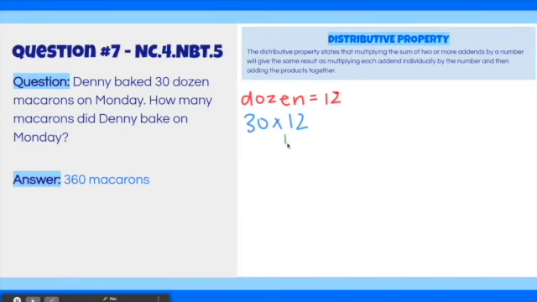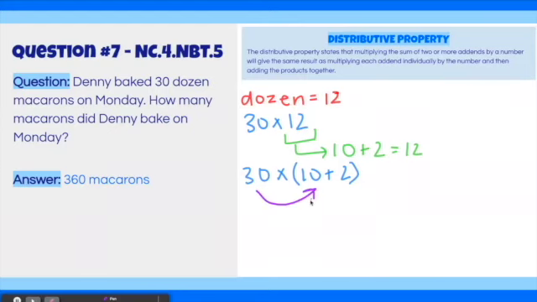So now what we're going to do is rewrite this 12 over here as 10 plus 2. So that's the same thing as 12. We're just rewriting it as a sum. So now this is going to look like 30 times (10 plus 2) in parentheses. These parentheses are necessary because of the order of operations. Okay, so with the distributive property, we're going to multiply this 30 to the 10. We're also going to multiply it to the 2.